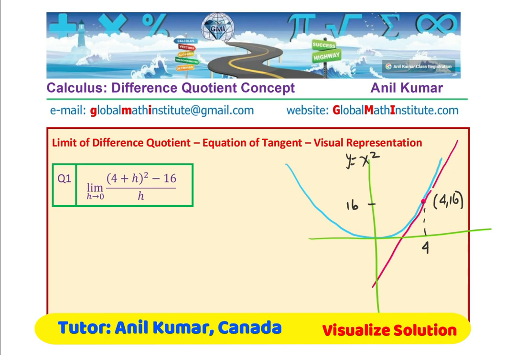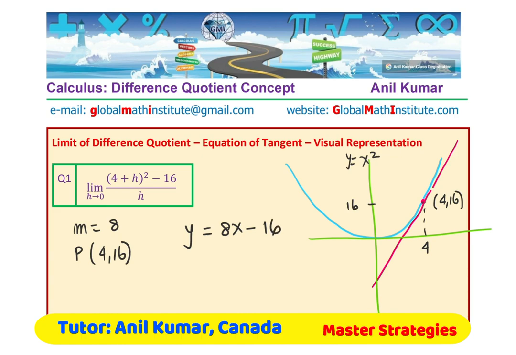And the red line is the tangent line for which we just found the slope, right? So we got the gradient m as the value of this, which was 8. We got the point as (4, 16). And then we calculated that the equation of the line will be y equals 8x minus 16, correct? So this is minus 16.